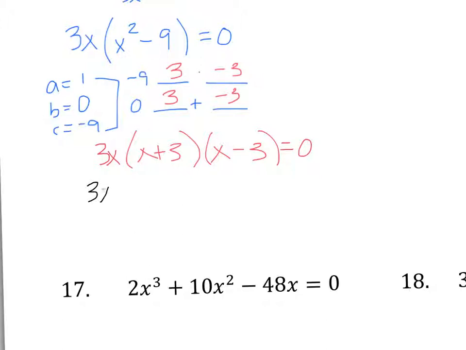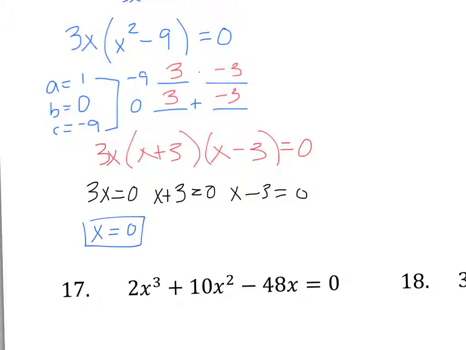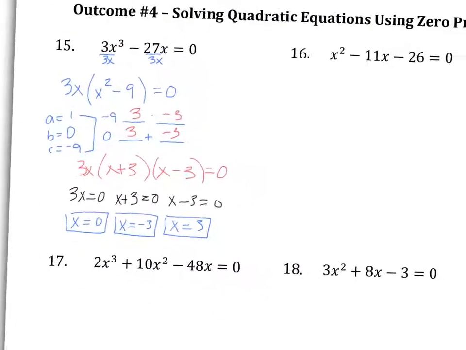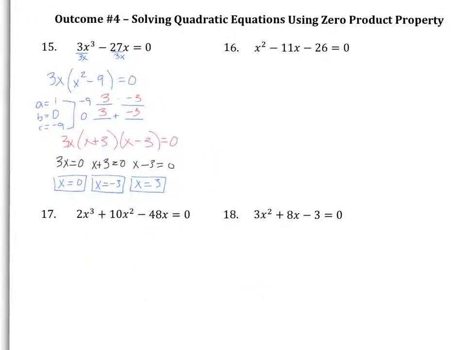I have 3x equals 0, x plus 3 equals 0, and x minus 3 equals 0. So what answers you end up getting is x equals 0, x equals negative 3, and x equals 3. And that is factoring using the zero product property.